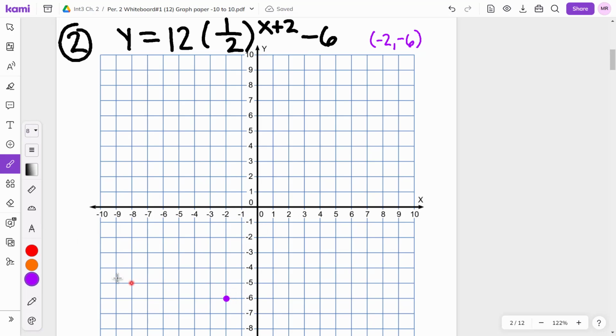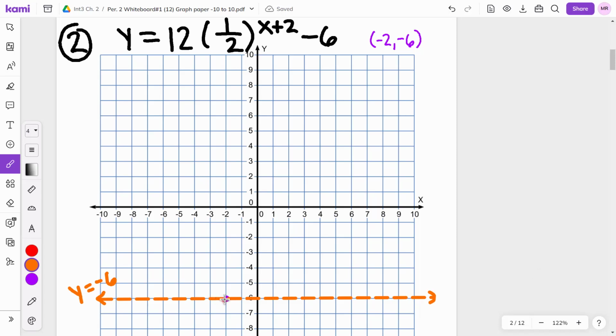That's my locator point. And then I am going to be drawing my horizontal asymptote through there. So my horizontal asymptote, as I'm dragging it through here, is going to have the equation y is equal to -6.